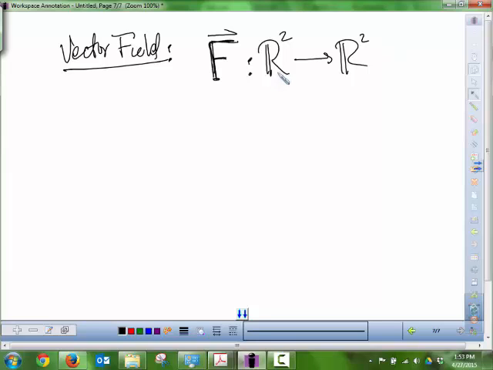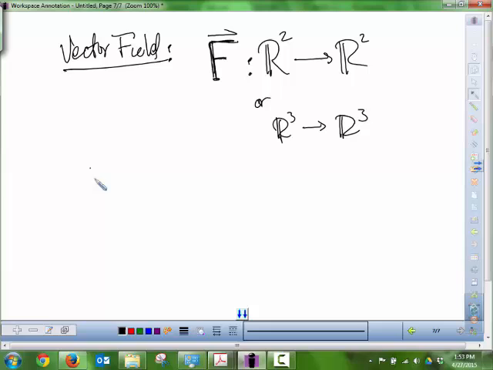Let me say that again. It takes something from 2 dimensions and it outputs something in 2 dimensions. Or you go from R3 to R3.